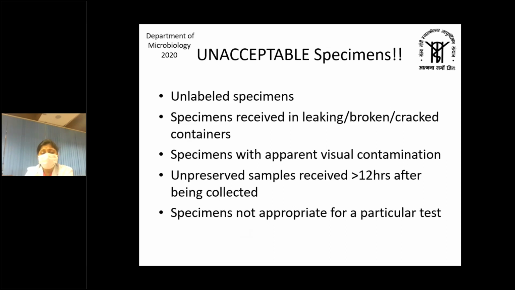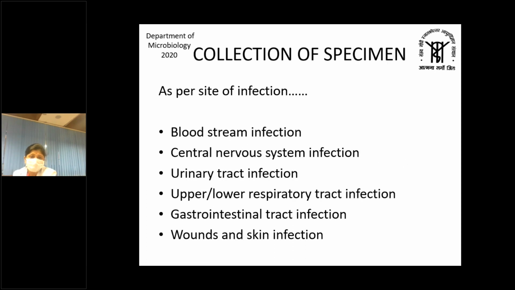Automated blood culture or BACTEC culture is appropriate for blood and for sterile body fluids other than urine and CSF. So throat swabs and urine samples are not suitable for automated culture testing.